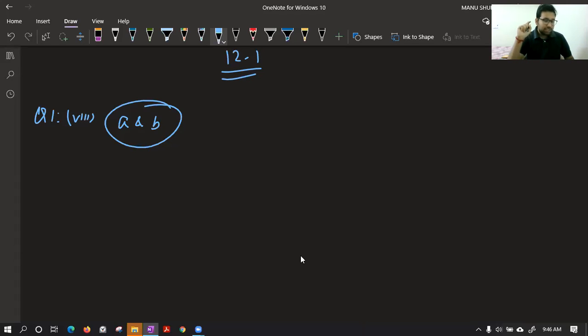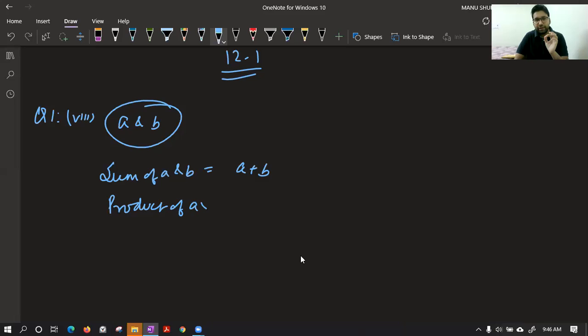Please see. Sum of numbers A and B. So first you need to find one term, that is sum of A and B. It is equal to A plus B. Second term is product of A and B, that is equal to AB. Now what they are saying is find the expression which is sum of numbers A and B subtracted from the product.